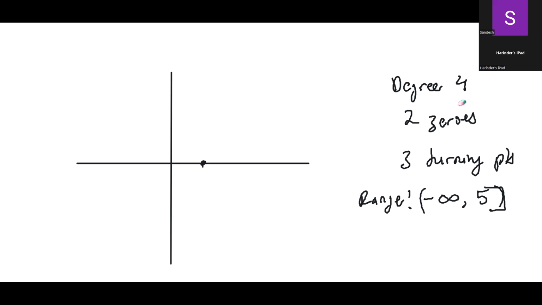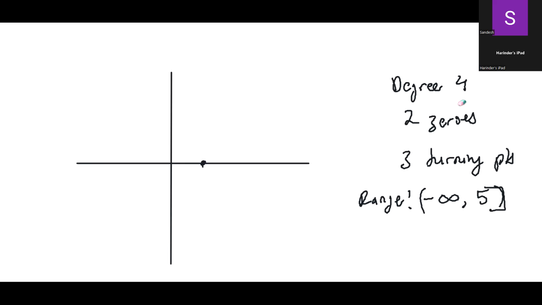Here's a hint. The range tells you whether it's opening up or down. The range tells you if the leading coefficient is positive or negative. What do you think? Is it opening up or down? Is this a maximum or a minimum?